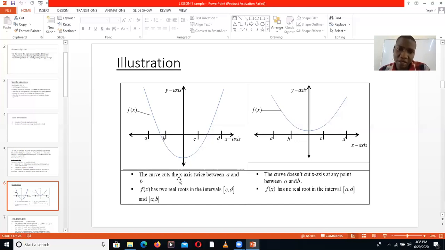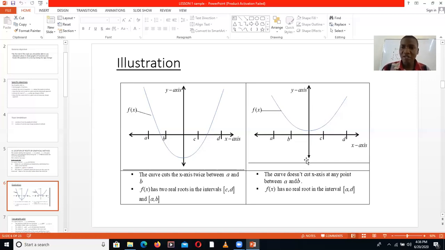What does it imply, therefore? That implies that f of x has two real roots in the intervals CD and AB. You can see that it's crossing the x-axis in those intervals. That's how we conclude. Because the function crosses the x-axis twice, therefore it has two roots.